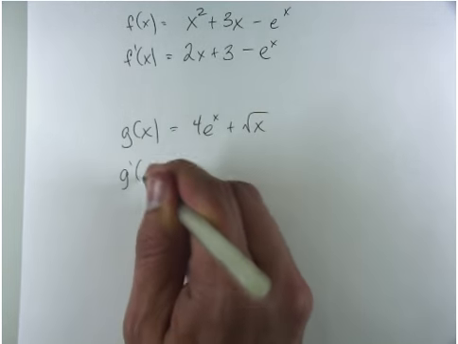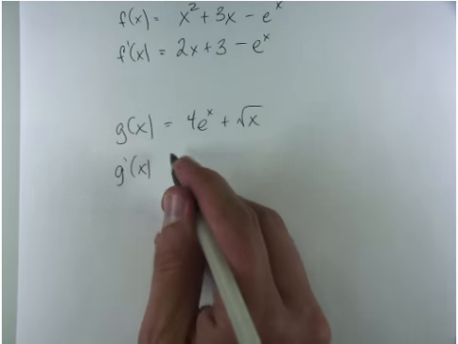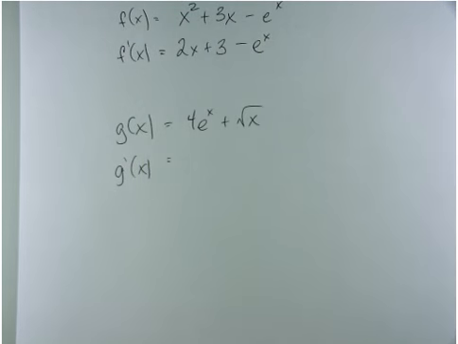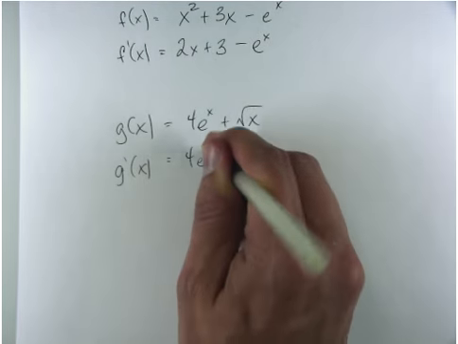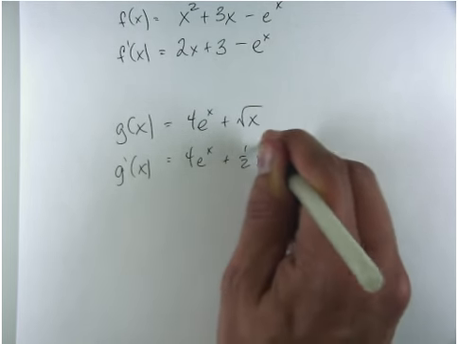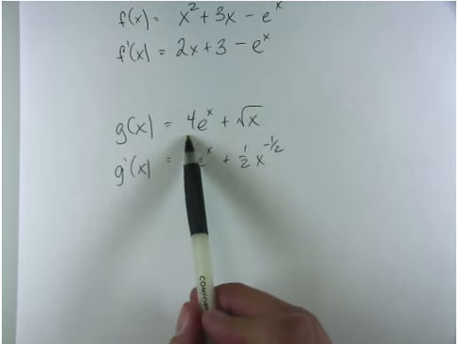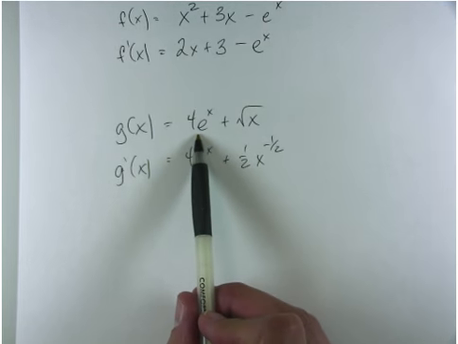What about g prime if g is 4 e to the x plus the square root of x? Yeah, right? 4 e to the x, this constant coefficient doesn't mean anything.